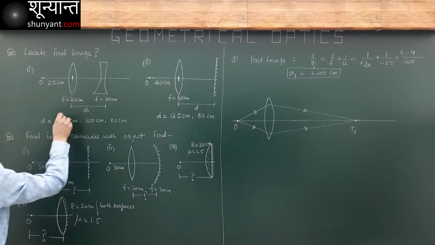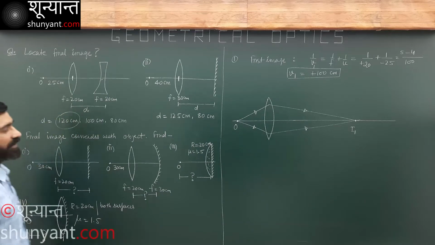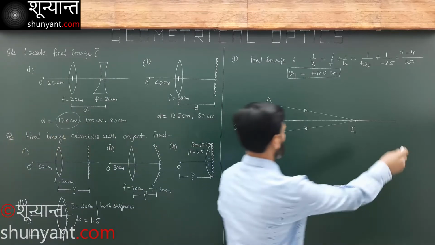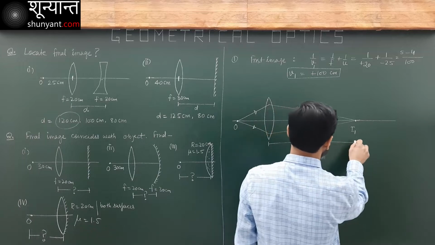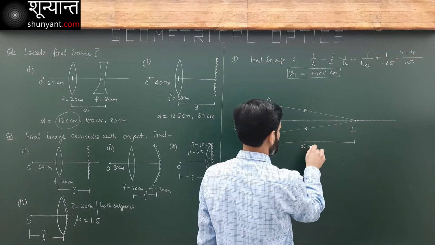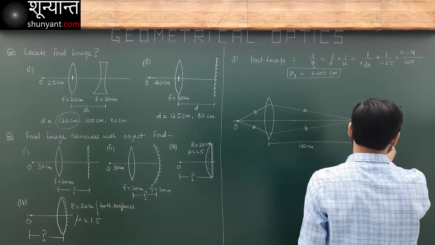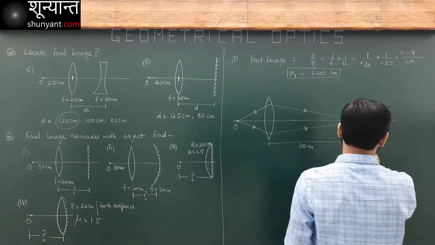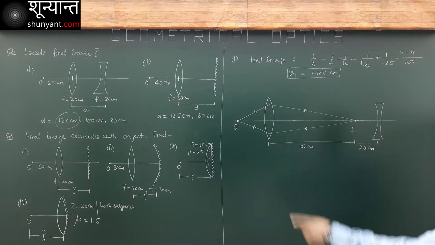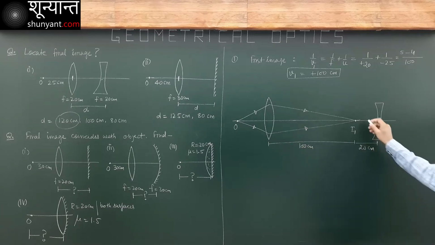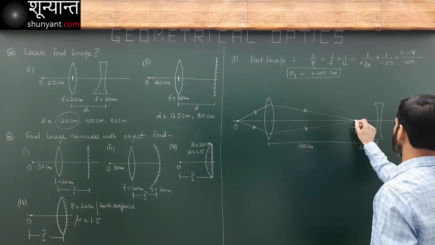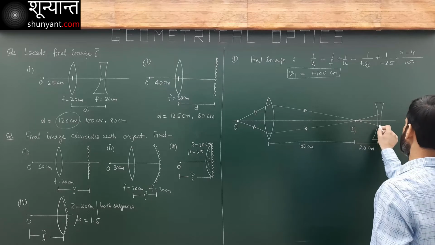Now the second lens is at a distance of 120 centimeter. That means after the image is formed, this whole thing from here to here is 100 centimeter. I have another lens here, and this distance is 20 centimeter, because the total is 120. Now the light rays will continue and hit the second lens.